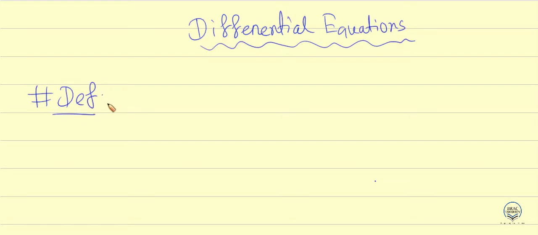The definition is: a differential equation is an equation that involves the derivative of a function or functions.